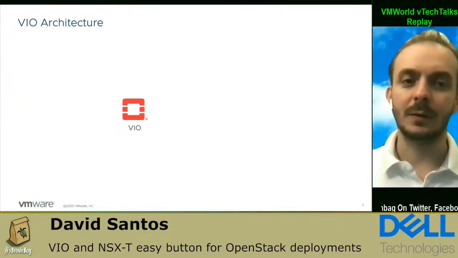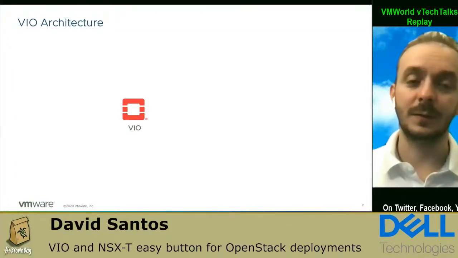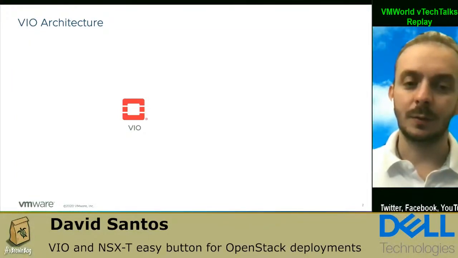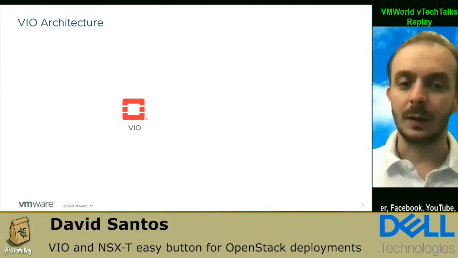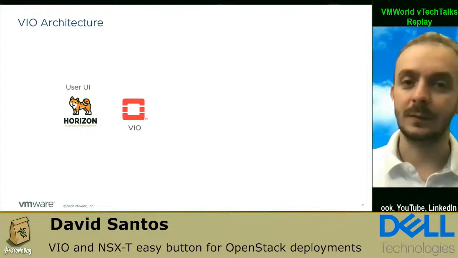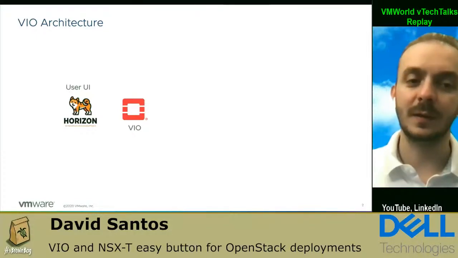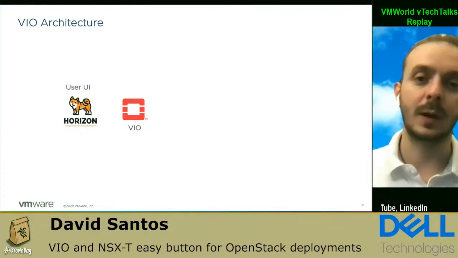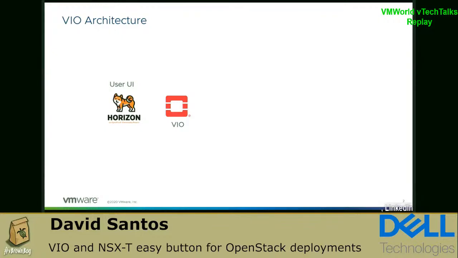So here we're going to talk about the VIO architecture. In the middle, we have VIO, and it will be consumed by Horizon. That's the project that provides the user interface, the UI. We're going to consume our infrastructure as a service. And in the back, we have the VIO products.